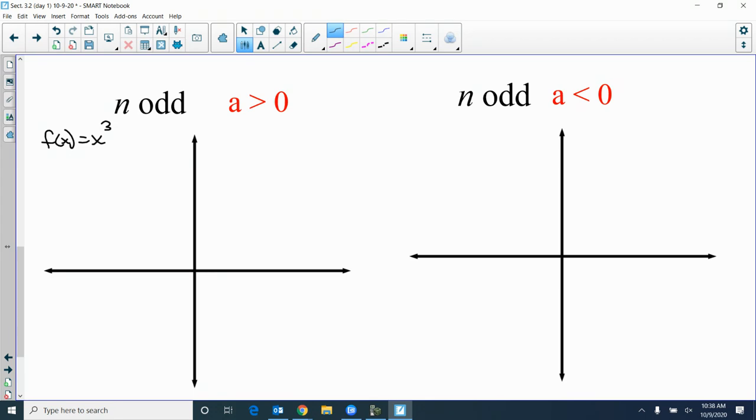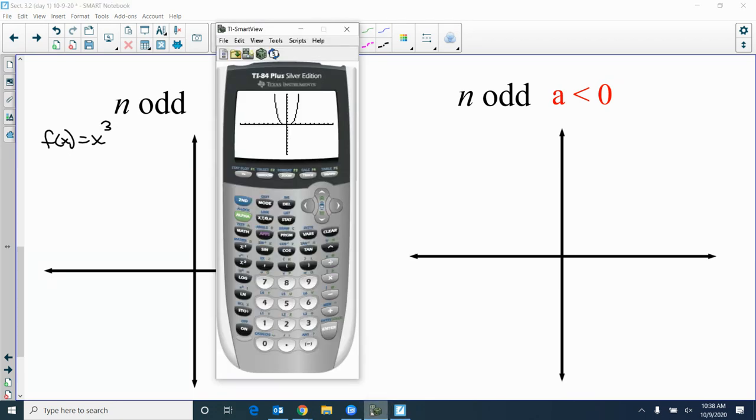All right, now what happens? Let me do this real quick. Okay, and I'm just going to use x to the 3rd. Okay, it comes up and goes through the origin. What happens as the degree goes up?